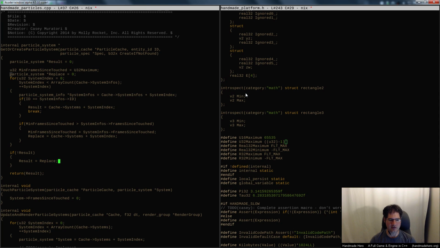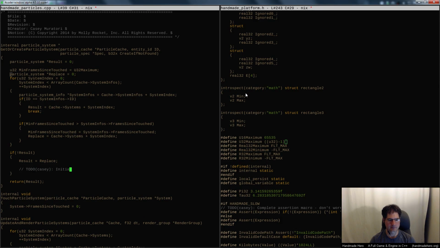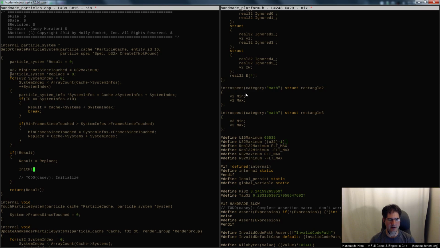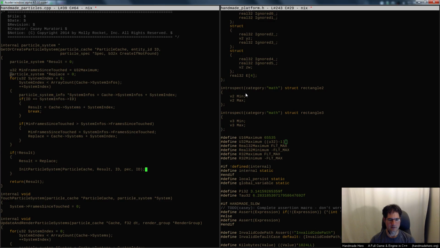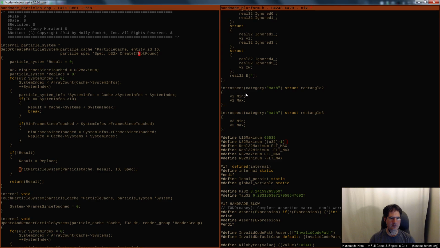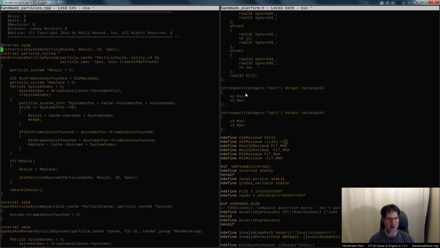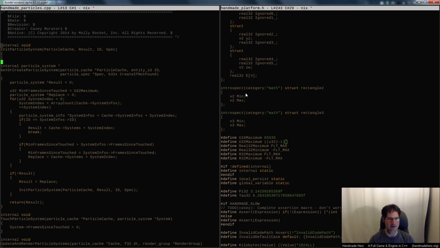And now we'll have to initialize the particle system. We could do that, init particle system, and say, okay, init the result particle system with this spec, right? And this ID. Something like that. And in here, we would have another call, whatever needs to happen to get a particle system started, which we won't really know until we actually start writing some.